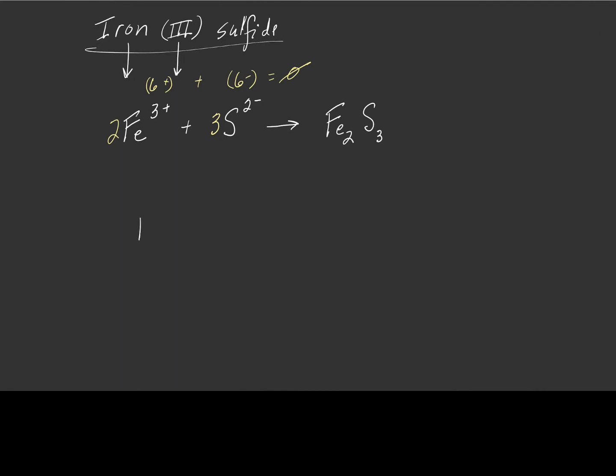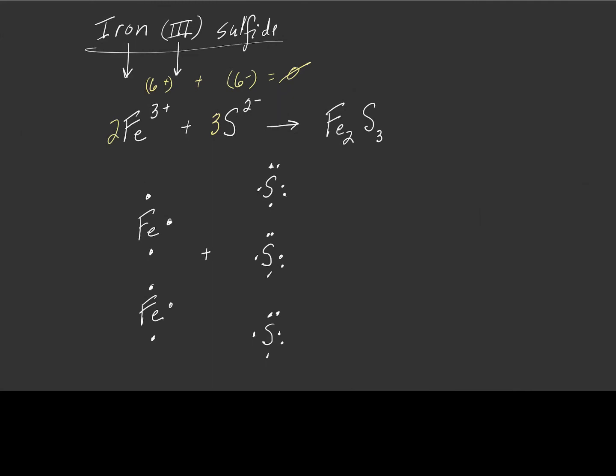we need 2 irons. So there's 1, there's 2. This is iron 3, so I'm going to put 3 valence electrons around each of the irons. We had to have 3 sulfurs, so there's 1, there's 2, and there's 3. And each of these sulfurs already has 6 valence electrons. So let's go ahead and get those 6 valence electrons around our atom.